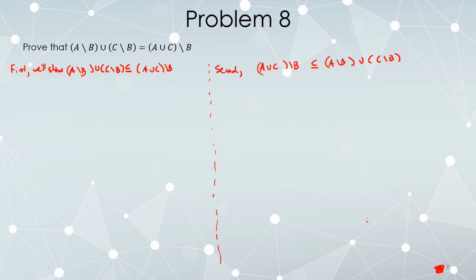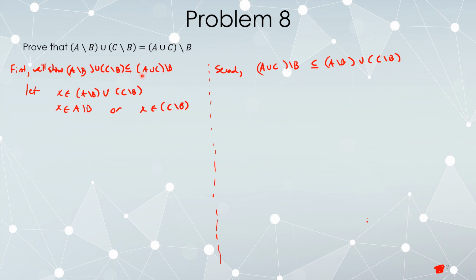So how do I show a set is a subset of another? I have to show that anything that's in this set must be in that one. So we're going to go ahead and assume that we have an element of the set on the left. What does this mean? X is in A minus B, or X is in C minus B. I don't know which one.